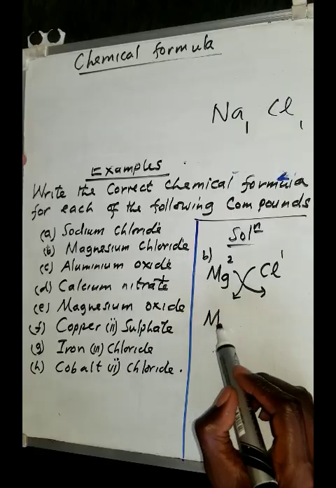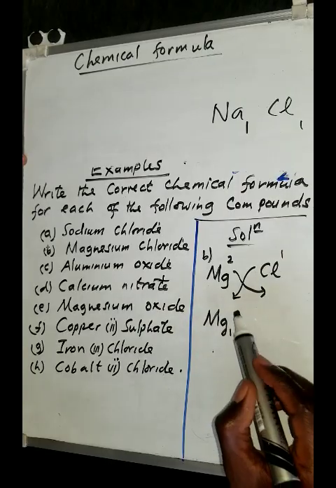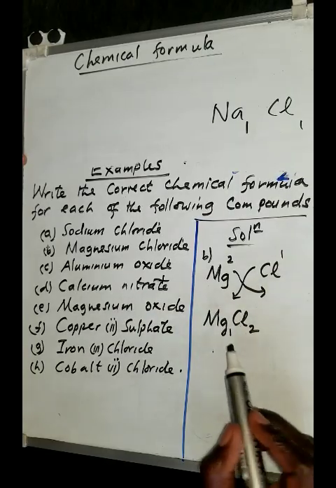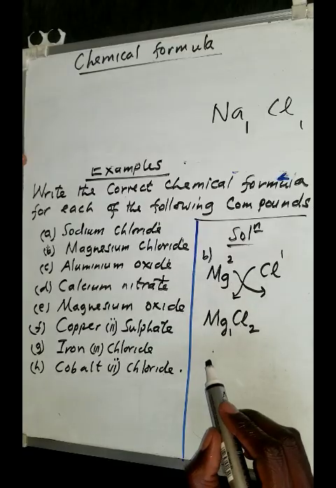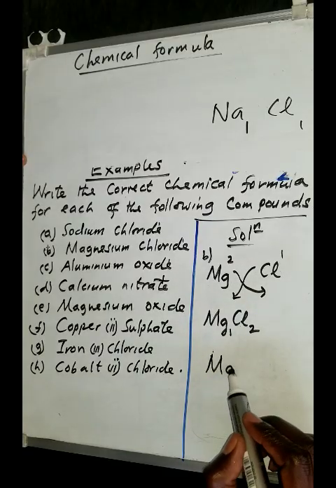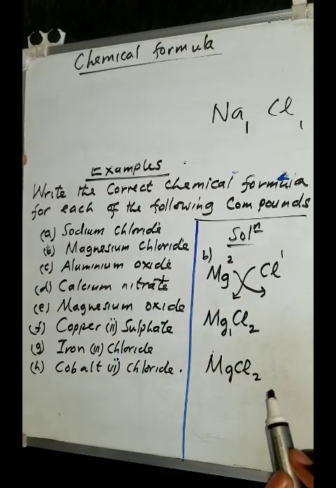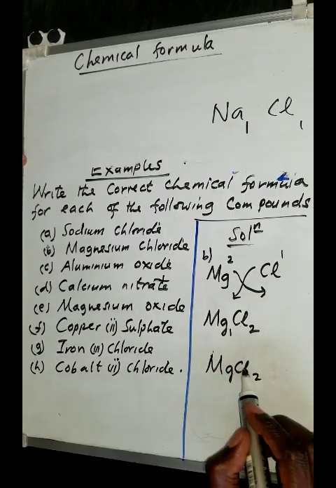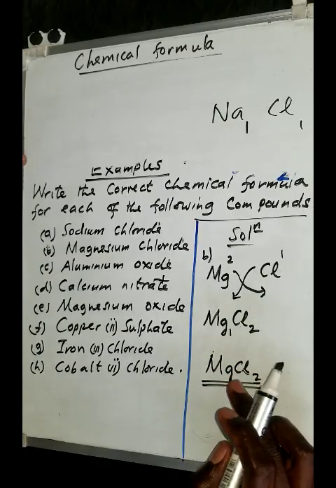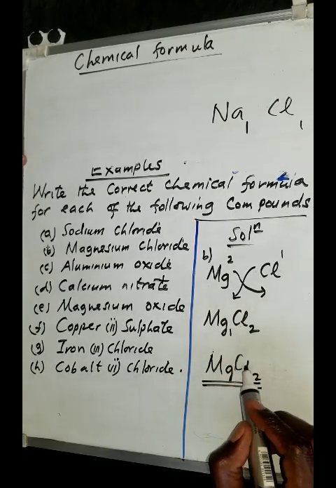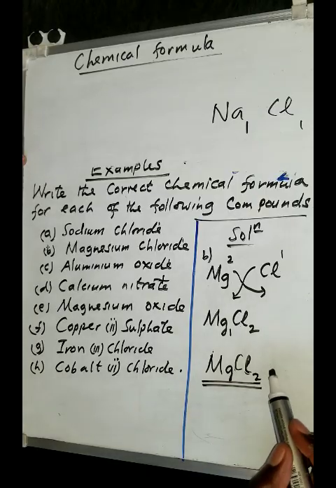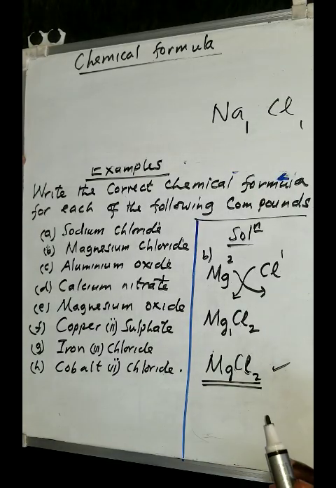It is going to be Mg with a 1, and Cl with a 2. Valences equal to 1 do not show, so the correct formula is MgCl2. That's the correct formula for magnesium chloride.